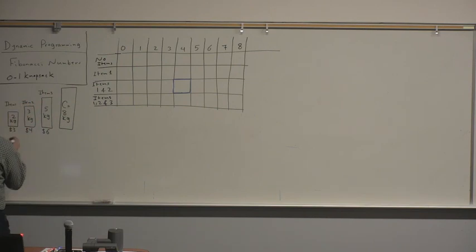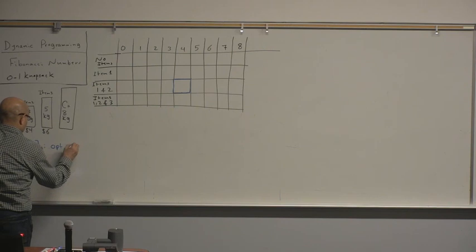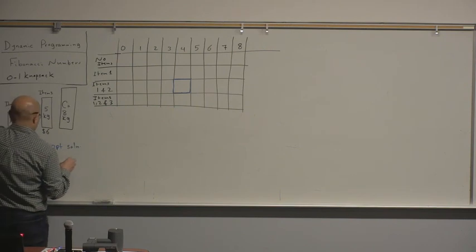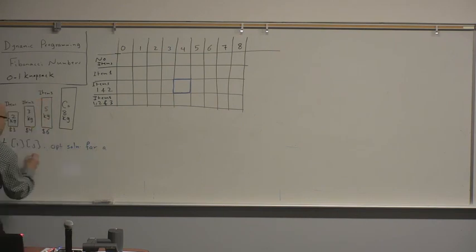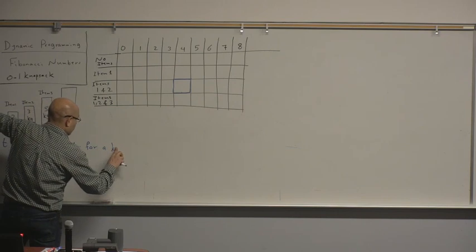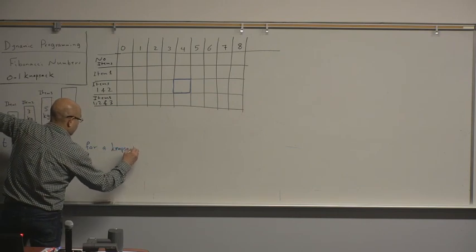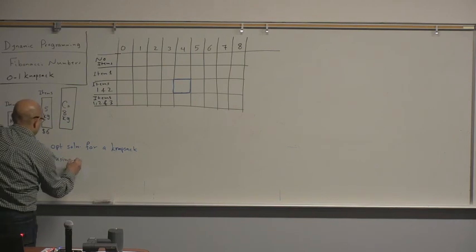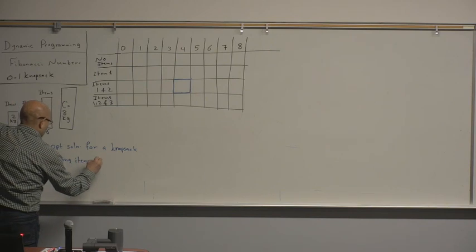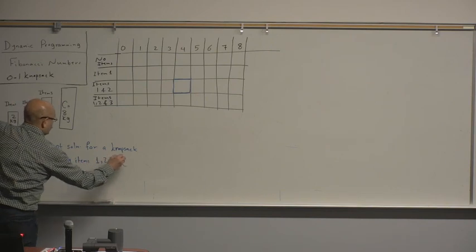In general, T of i and j in the table means the optimal solution for a knapsack of capacity j using items 1, 2 through i.